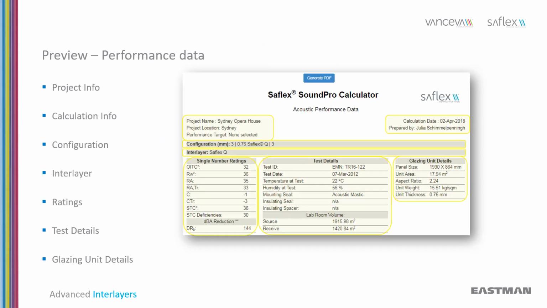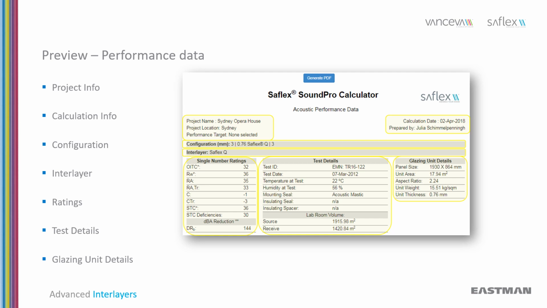A closer look at the top section shows you the project information that you filled in, calculation information, meaning the date and who prepared the estimate, the configuration, then the interlayer type.